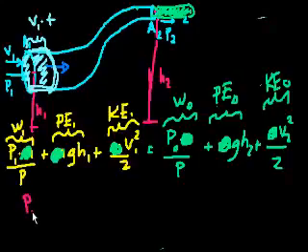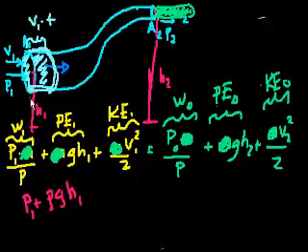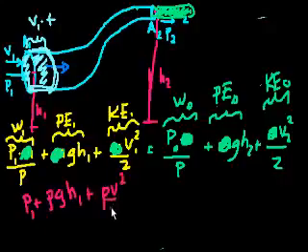And what we're left with is, and let me write this in a vibrant color, P1, the input pressure, plus, since we're multiplying everything by this rho, this density, rho g h1, the initial height, plus rho v squared over 2.